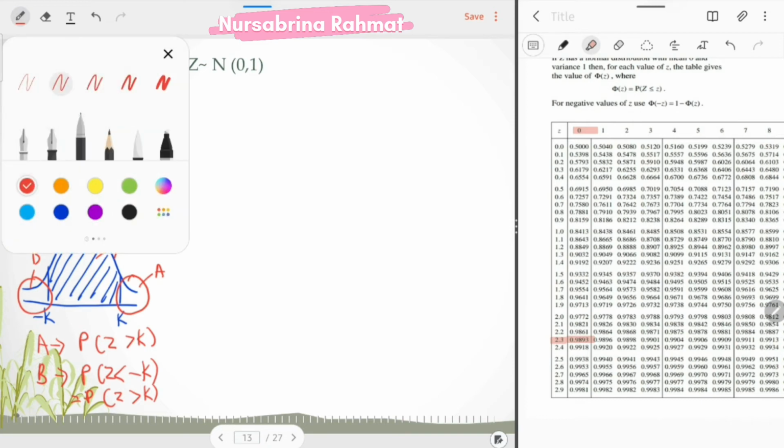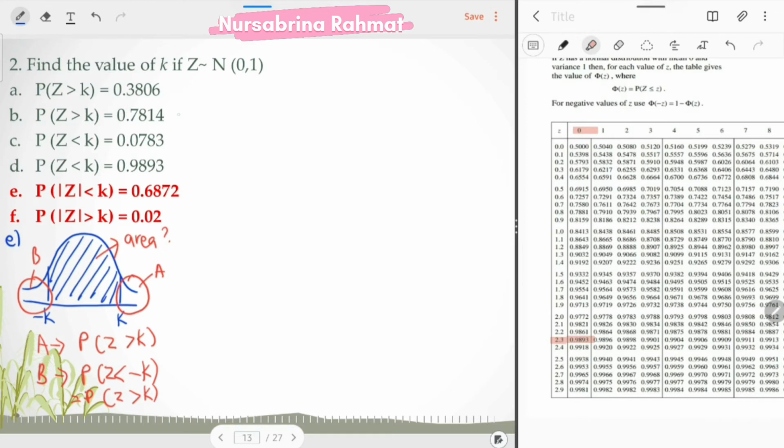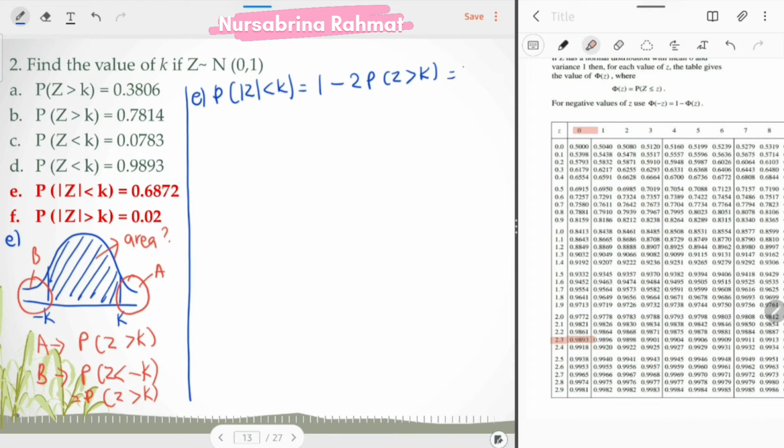Okay, so let's simplify. For question E, P(|z| < k) is equal to 1 minus 2P(z > k), which equals 0.6872.